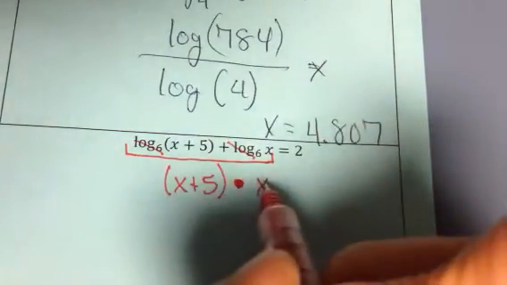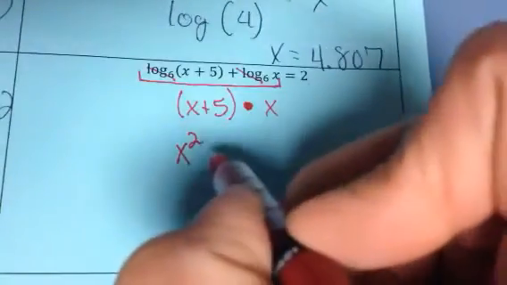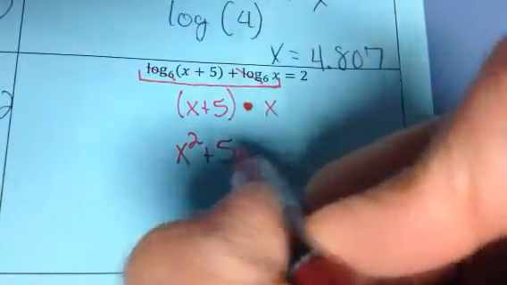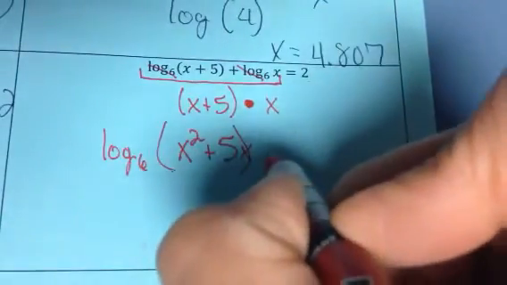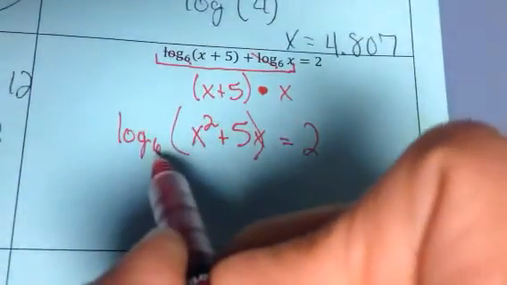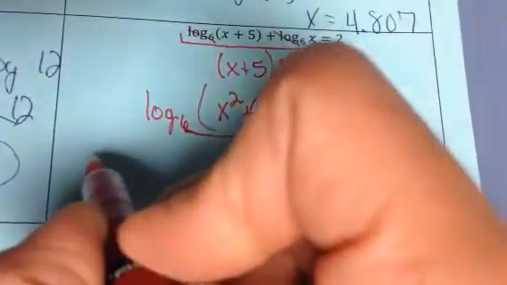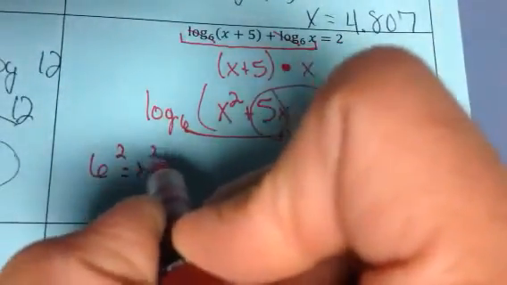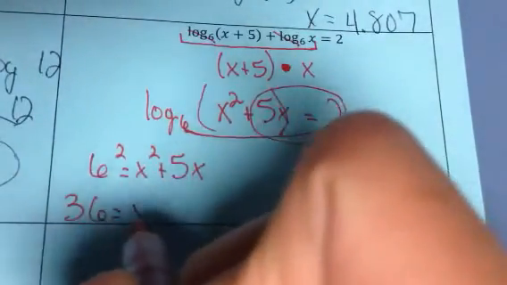And I'm just going to distribute the x into x and the x into 5. And now I'm going to bring the log back, and then the 2. So now I'm going to make my e. 6 to the second power equals all of that. And 6 to the second power is 36.